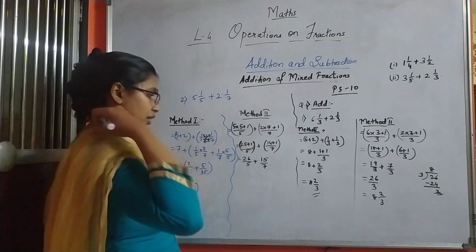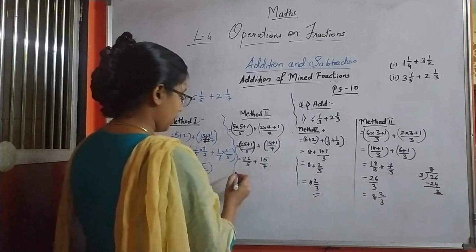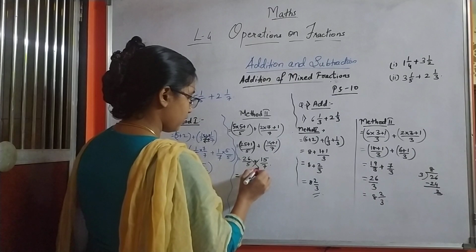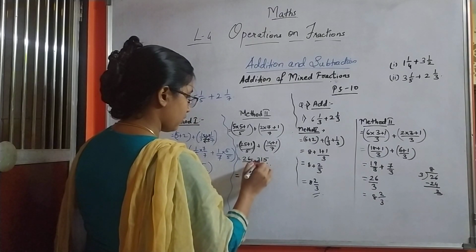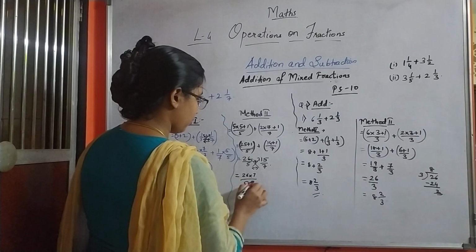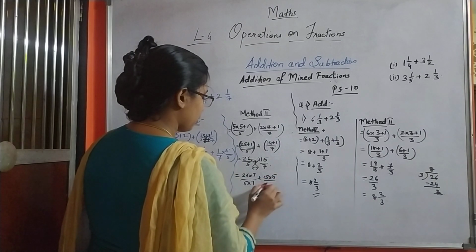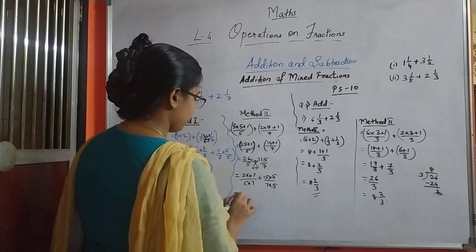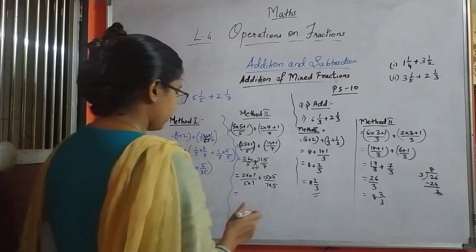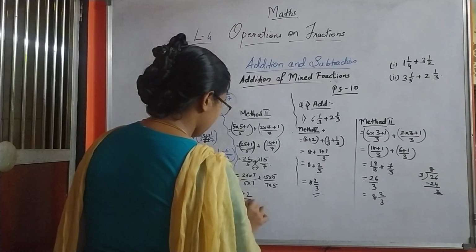Now again the same thing, the denominators are different, they don't go in each of the tables, so we have to cross multiply like this. So 26 into 7 upon 5 into 7 plus 15 into 5 upon 7 into 5. Now 7 6s are 42, 7 2s are 14, 15, 16, 17, 18.